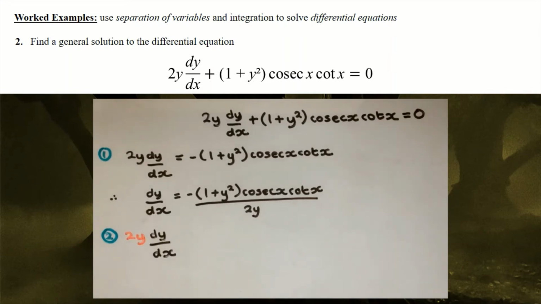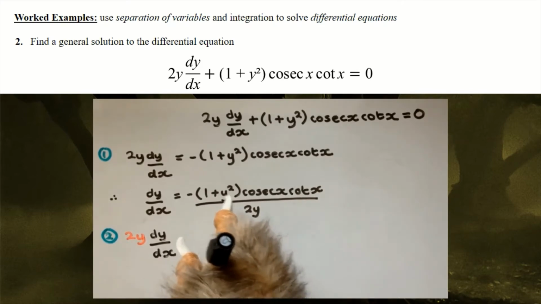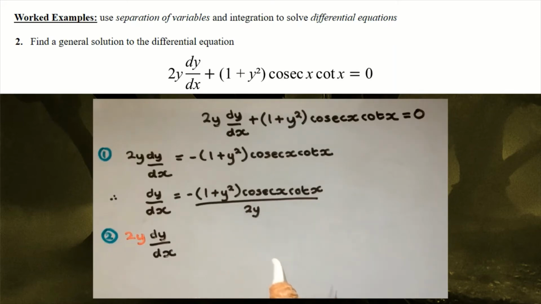Okay, and what do I want to do next? Well, I've moved the 2y across. Now I also want to remove the 1 plus y squared from the right hand side. So I'm going to divide by 1 plus y squared also. I'm going to leave the negative where it is, and you'll see why in a moment.